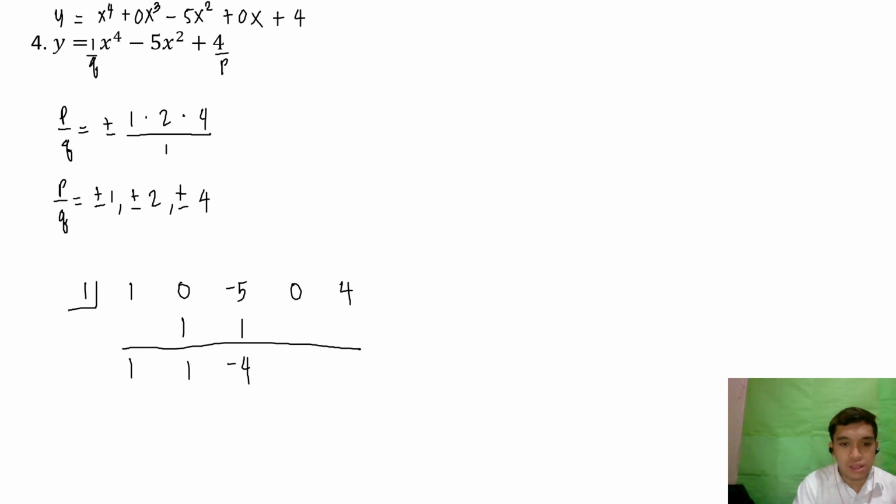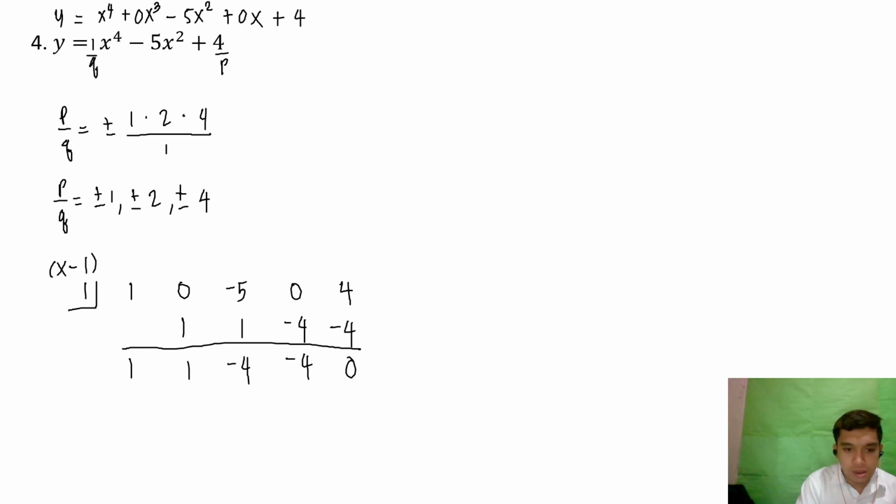Negative 4 times 1 is negative 4. 0 plus negative 4 is negative 4. Negative 4 times 1 is negative 4. 4 plus negative 4 is 0. Okay? So since 0 yung ating remainder dito, itong 1 ay real root ng ating polynomial function. So ibig sabihin, factor siya ng ating polynomial function. So ito ay magiging x minus 1.